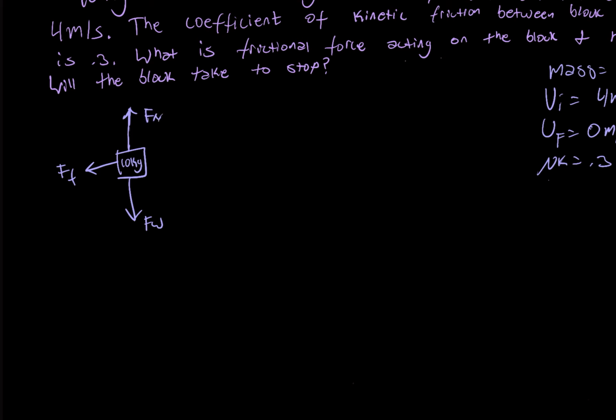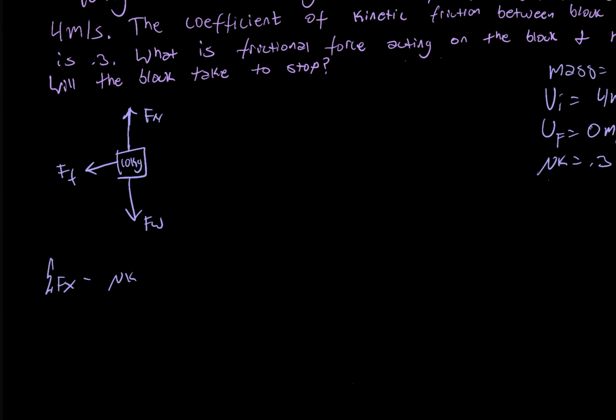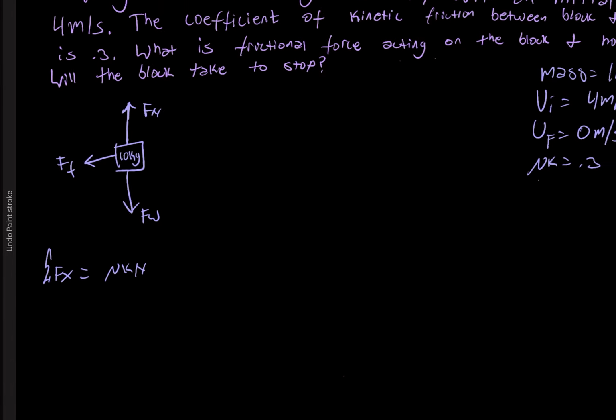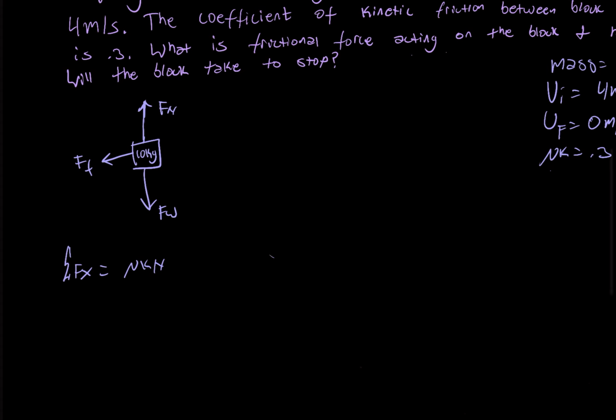Okay, so let's write out our net forces in the x. So we have frictional force, which is μk times N. And we can't find our net forces in the x direction until we find this normal force. And to find normal force, we need to calculate the force of the weight.